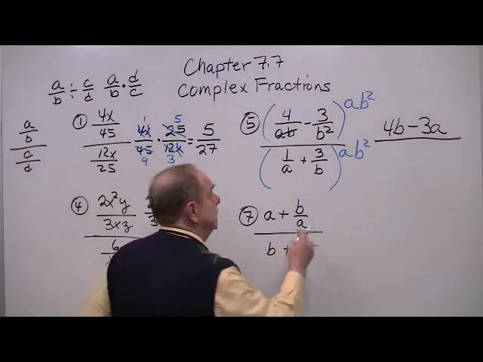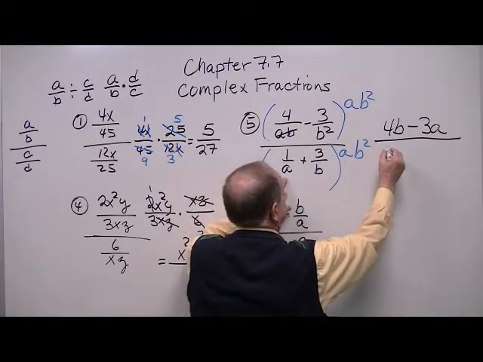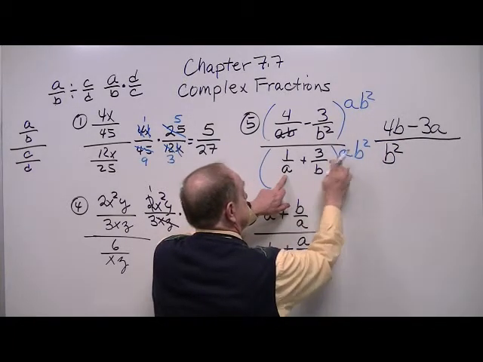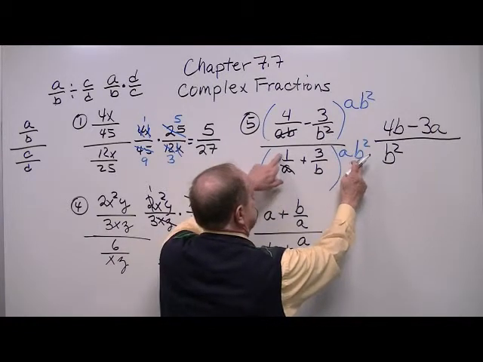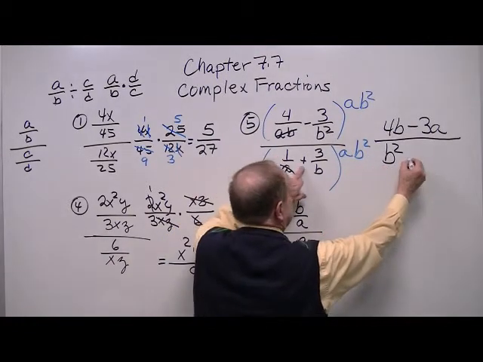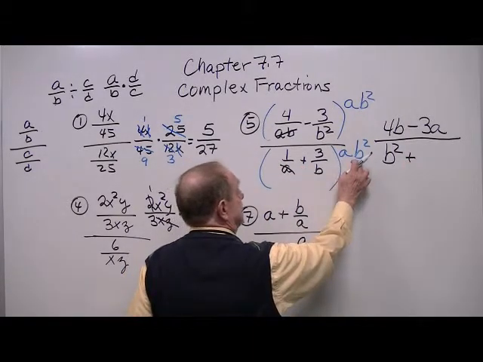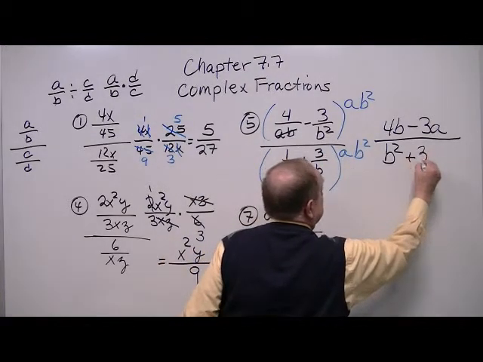Now on the bottom, the a cancels out, and you're left with a b squared. This a cancels out. You're left with a 1 times b squared plus, one of the b's cancel out, and you're left with 3ab.